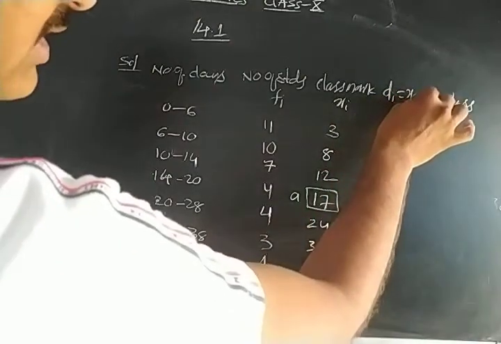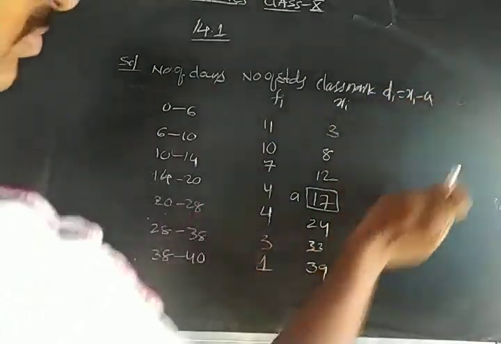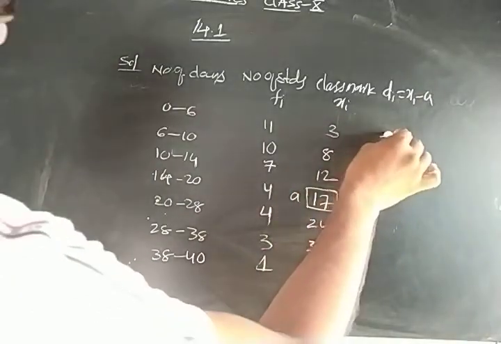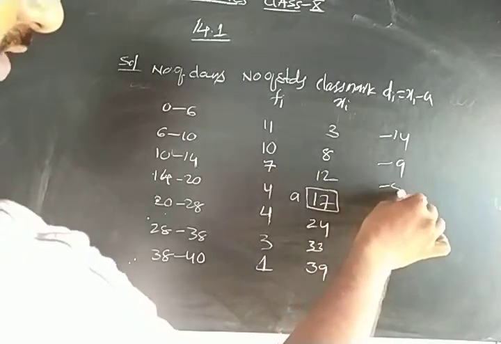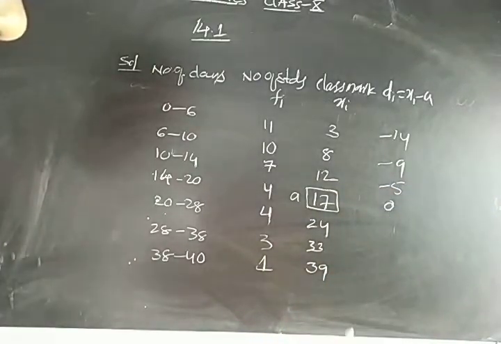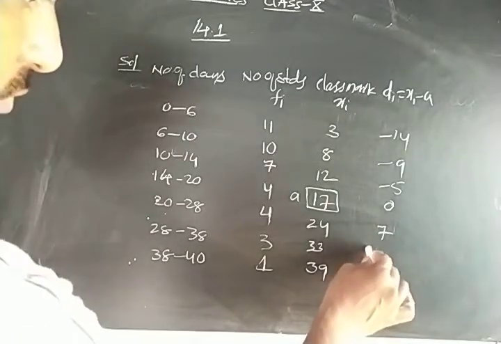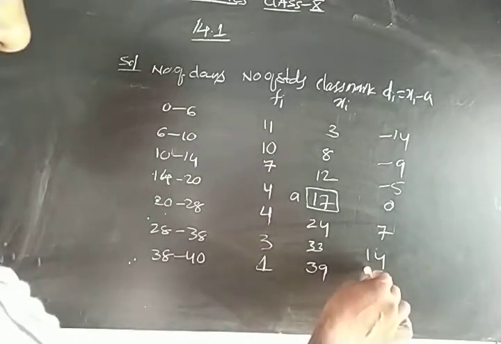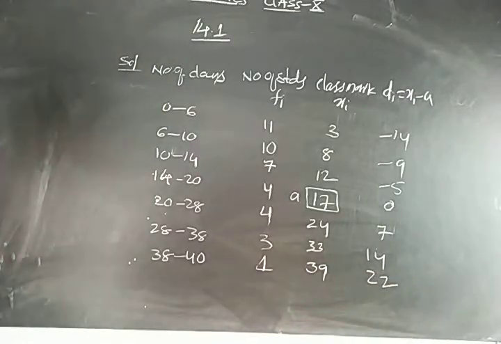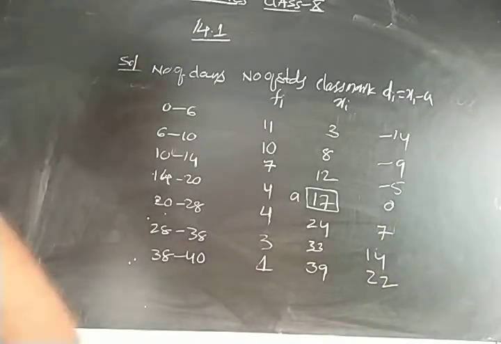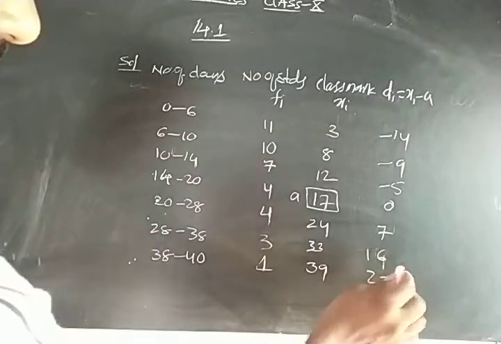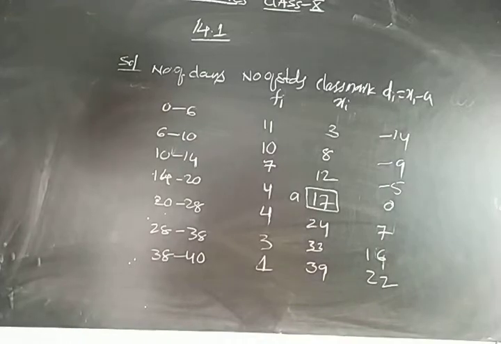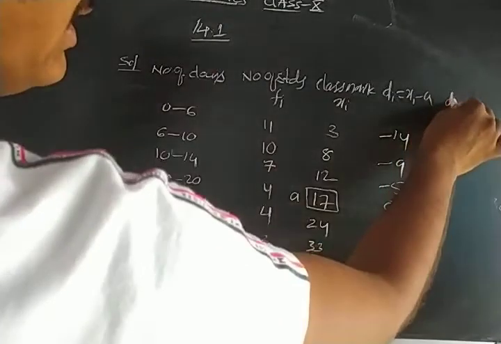Deviation di is equal to xi minus a. 3 minus 17 is minus 14, 8 minus 17 is minus 9, 12 minus 17 is minus 5, 17 minus 17 is 0, 24 minus 17 is 7, 33 minus 17 is 16, 39 minus 17 is 22. Now I am finding di into fi.